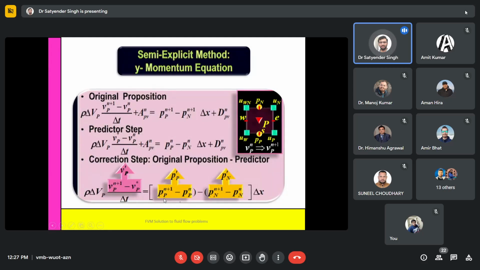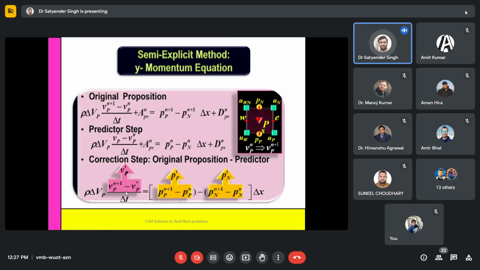I just used one value, 1 atmosphere, for this p n plus 1, and similarly for the other p n plus 1. So I will get some value now. I will rearrange this corrector step for v p n plus 1, where v p star I will have as a numerical value from the predictor step, and I will get v p n plus 1 as a new value.